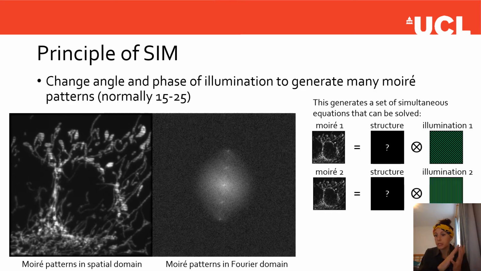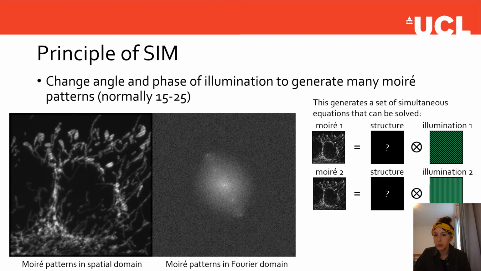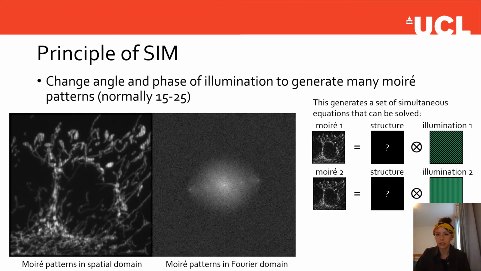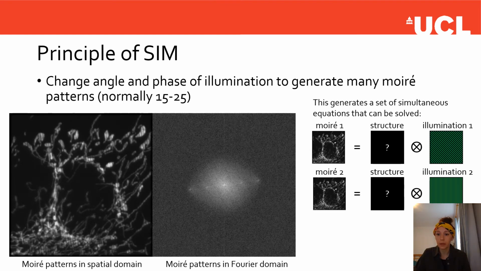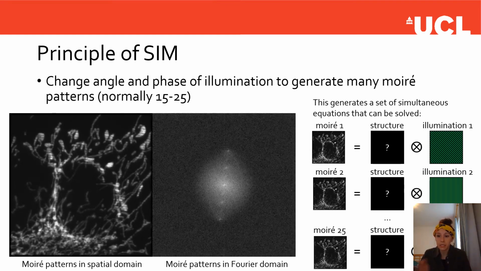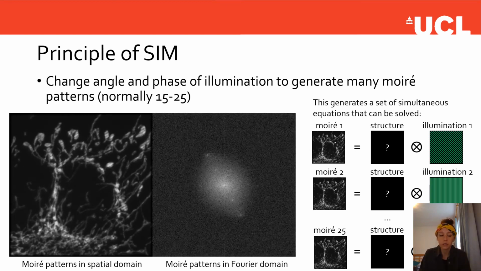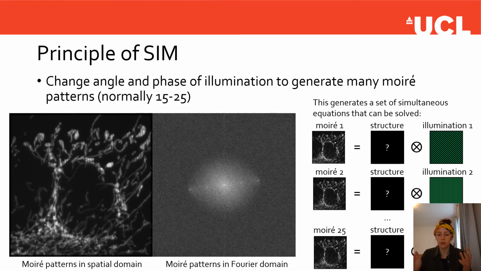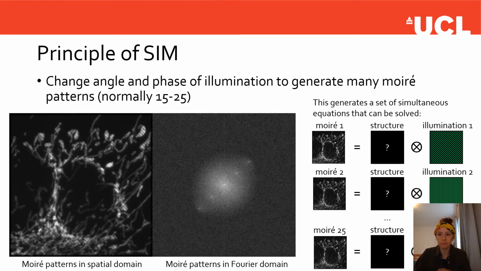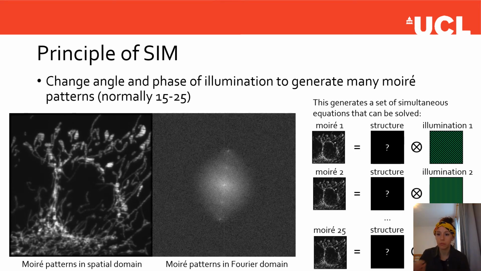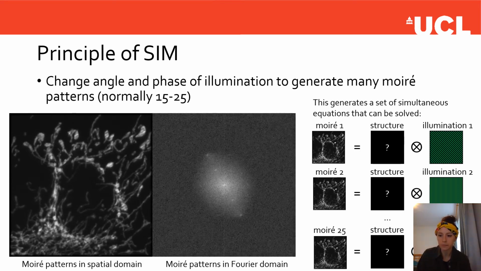Then let's say you rotate your illumination, you get a new moire interference pattern, and you again know your illumination pattern, and your structure is the same. Okay, so essentially you do this for maybe 25 images if you combine all your rotations and your phases, and you get a big simultaneous equation matrix where you've got your observed moire interference patterns with low frequency information.